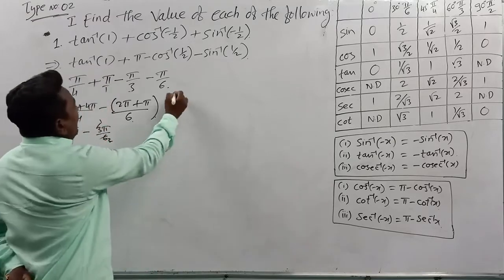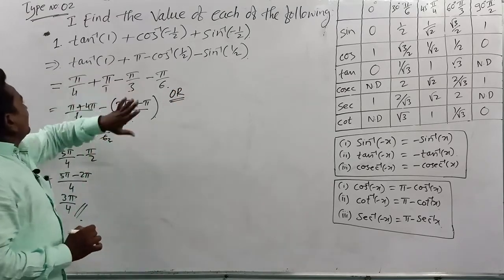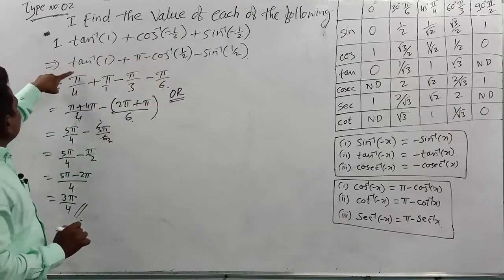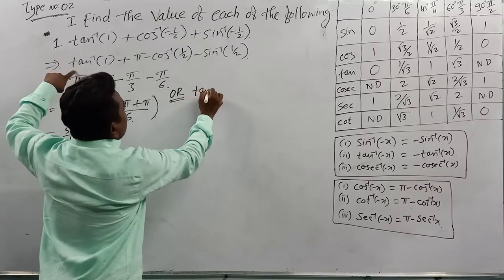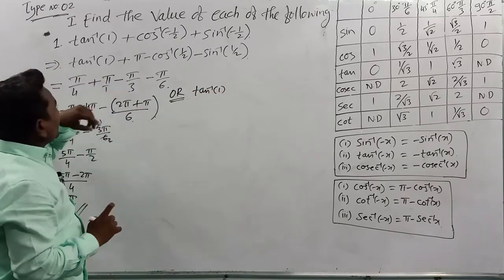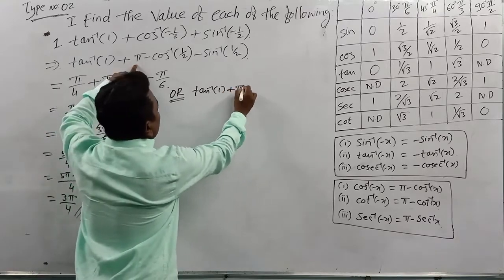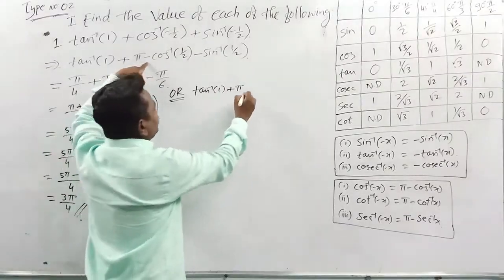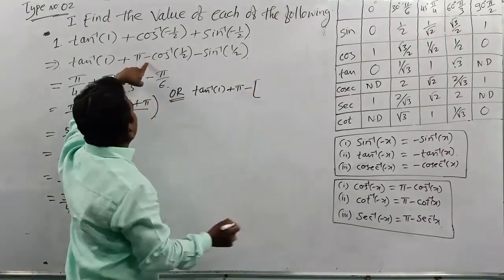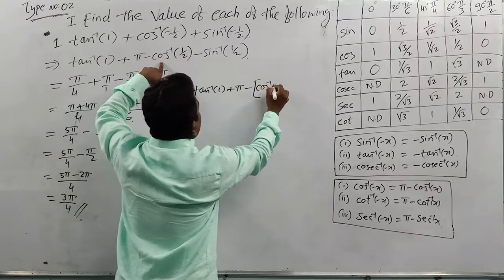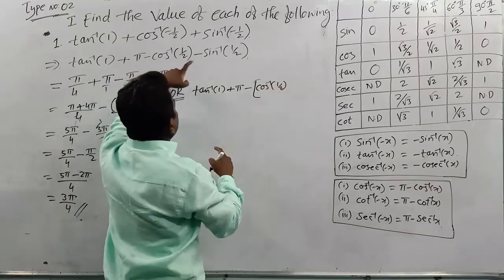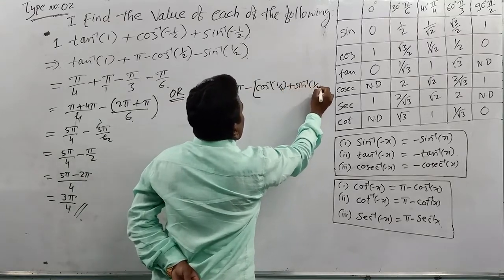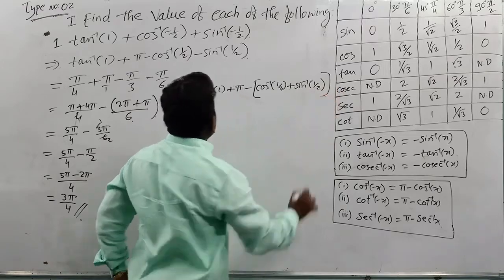So the alternate method, or here we have to find it another way by using a property. Tan inverse 1 we keep as it is. Now here plus pi also keep as it is, a negative sign is there, so take the minus outside. What remains is written in the bracket: cos inverse 1 by 2 minus into minus plus sin inverse 1 by 2.